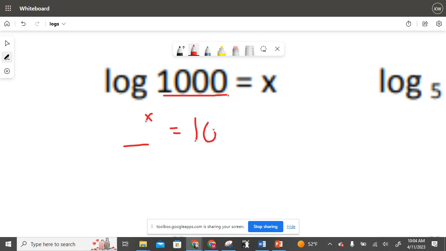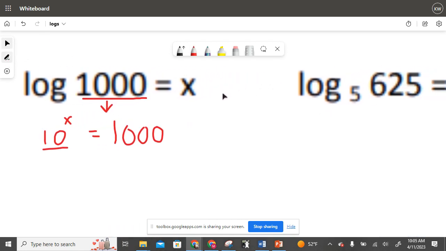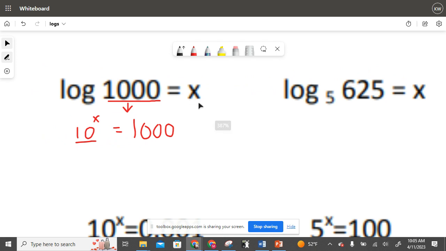Since they don't give us a small number here, our base is automatically going to be 10. And this right here is the logarithmic form turned into the exponential form. Right now, we want to just focus on being able to go back and forth between these. We're also going to get a little bit of practice solving them.